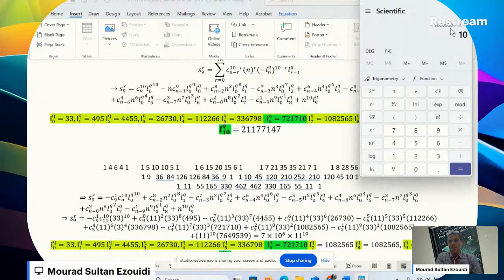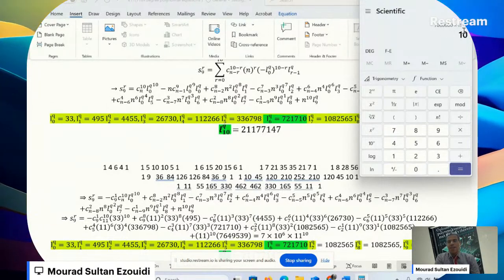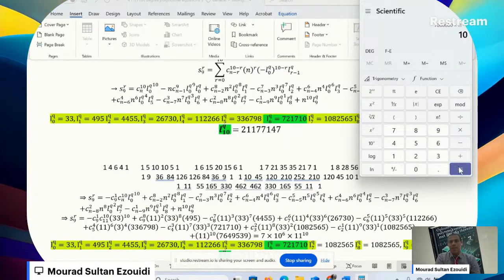So it will be 7 million times 11 raised to the power 10.